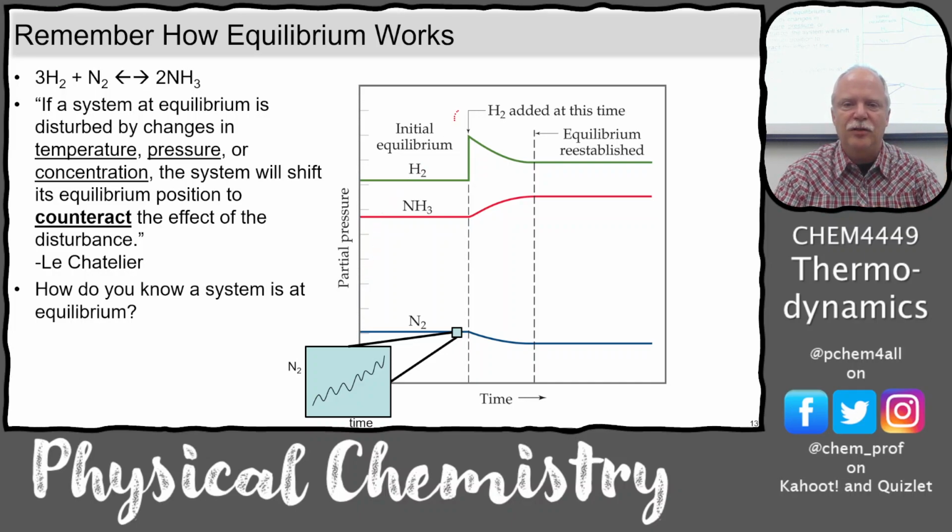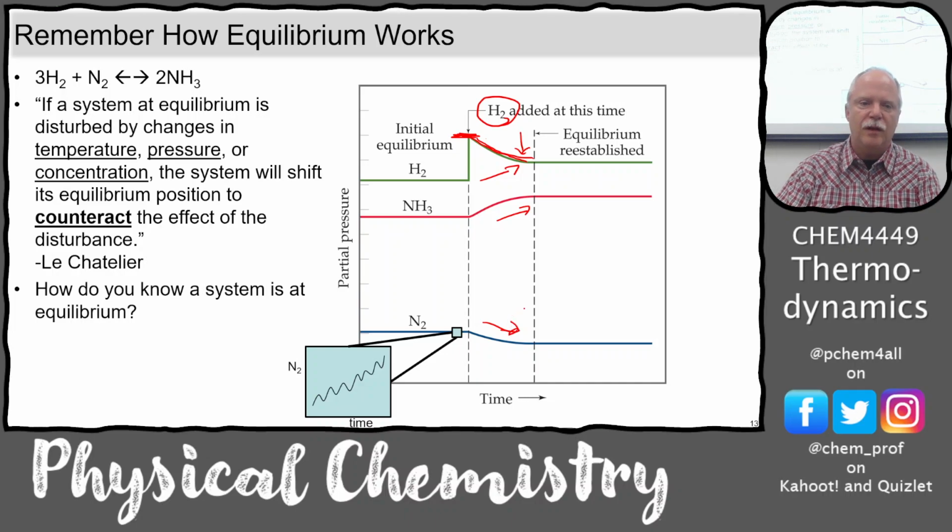If you introduce something that perturbs the system, like here we jump up the hydrogen concentration, what we put in is not what stays, right? It's consumed and a new equilibrium is established. Now, it did go up, but it came down by quite a bit more than it went up. And the other gases react as well. So that's Le Chatelier's principle. We're familiar with this.